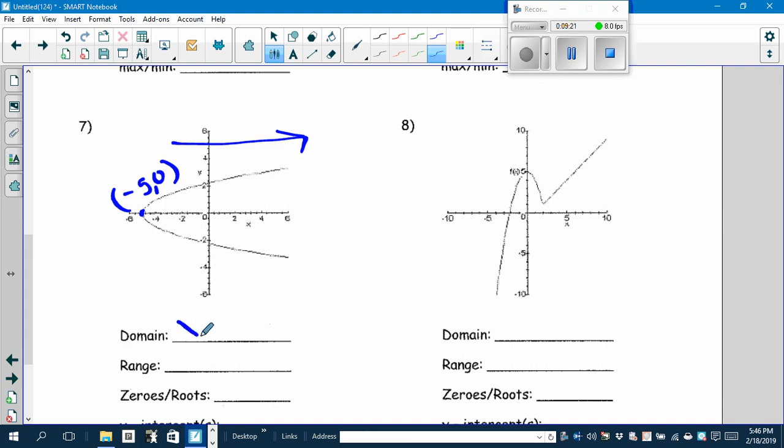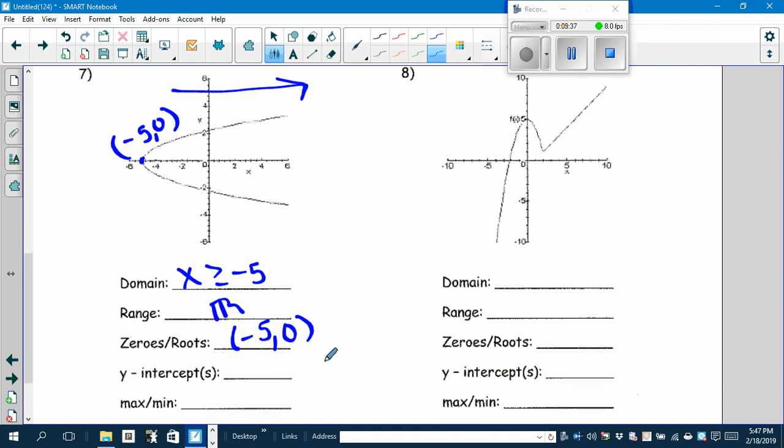So it's all values greater than or equal to that -5, all right, because it's going in this direction. My range is all real numbers, okay? My root, which is where it hits the x-axis, is again -5, 0, and there's now going to be 2 y-intercepts. I'm just going to mark them because they're not exact numbers here. All right, so those are your y-intercepts.